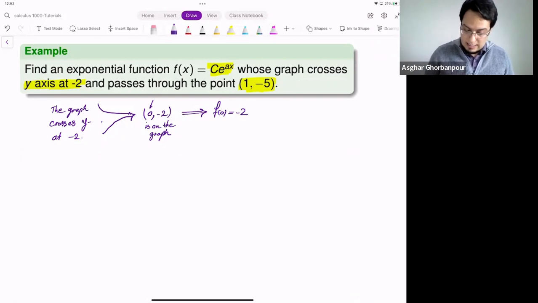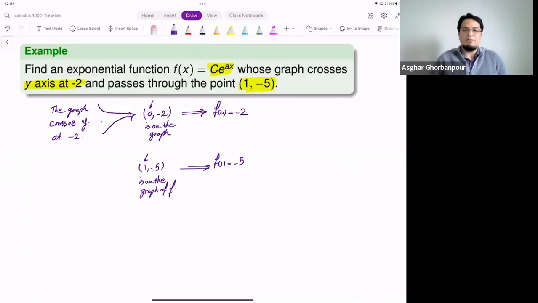The other thing given here is that (1, -5) is on the graph of this function. So if you plug in 1 as input, the output, or the value of the function, will be -5.